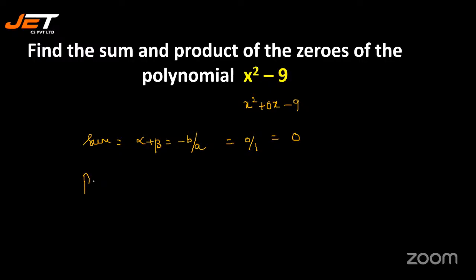And what is the product? Product is nothing but alpha beta, which is plus c by a. But here we have minus 9 by 1, which is minus 9. So it is 0, minus 9. All right. Yes. See the next question.